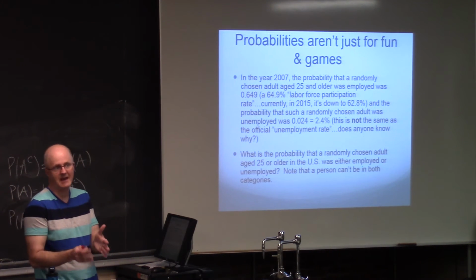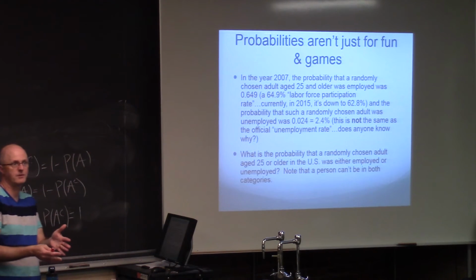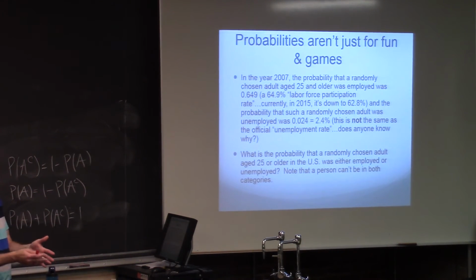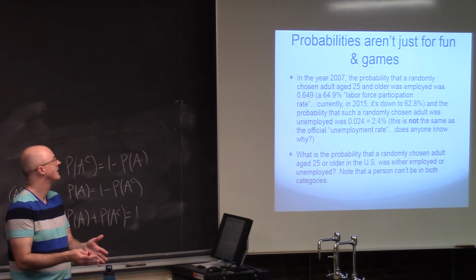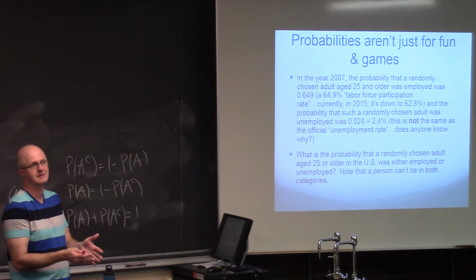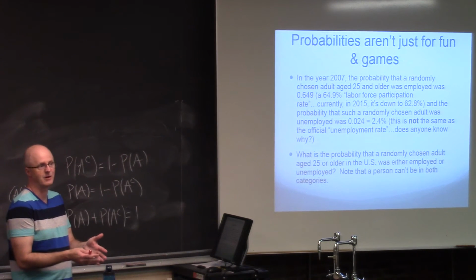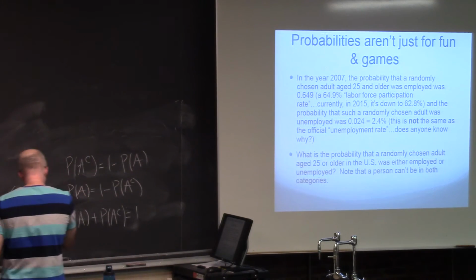So we're saying they can't be both. Therefore, those events are disjoint. So how would I find the answer? Just add, yeah. Those are disjoint events, they can't occur at the same time. You can add them.